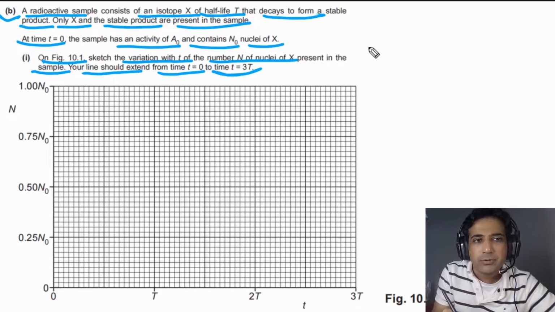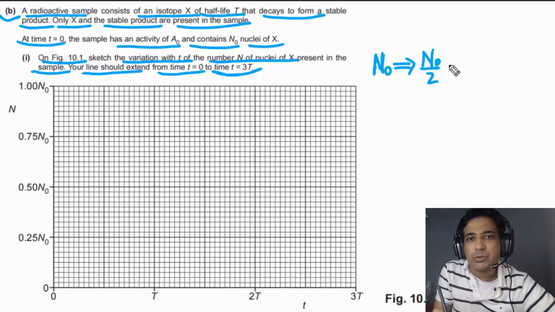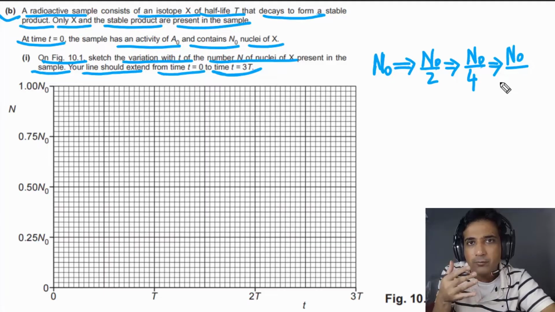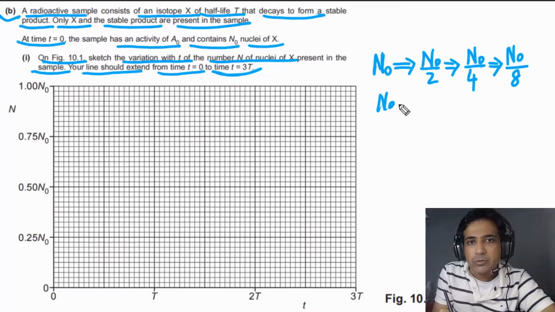First of all, let's try to understand how this nucleus X will decay. Initially, nucleus X has N0 nuclei. After one half-life, there will be N0 by 2 nuclei. And then after another half-life, this will be equal to N0 by 4. And after again another half-life, the number of nuclei of X remaining in the sample will be equal to N0 by 8. We can also write this in decimal form.